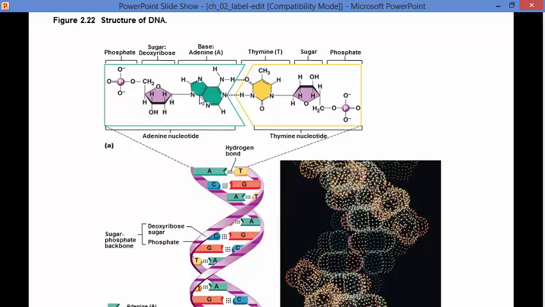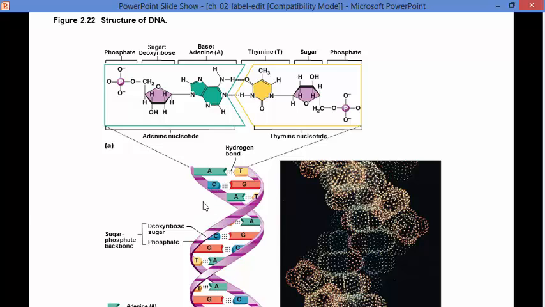Those bases form the letters which make up your instruction manual. Your DNA is the instruction manual to create you. A is for adenine, T is for thymine, and we'll talk about guanine and cytosine. These are the bases which make up the DNA.